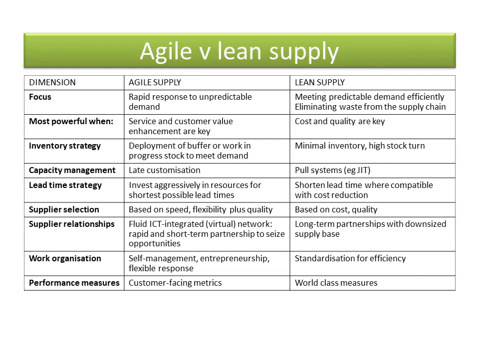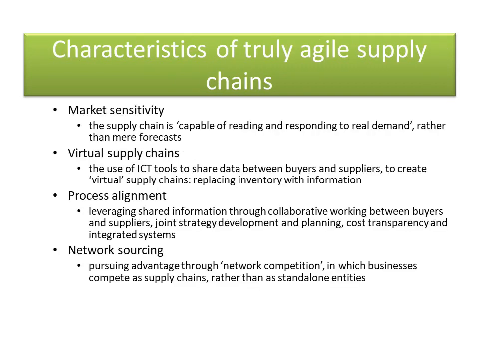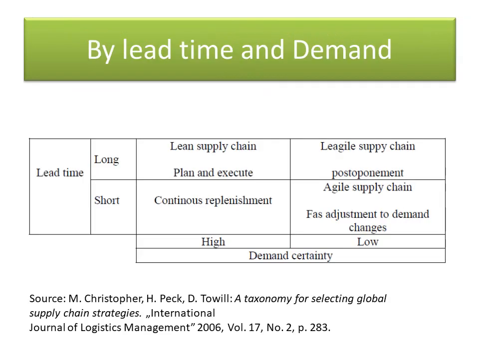So there's a difference there between agile and lean, and the famous chart that shows if the volume's stable, you might be able to have lean, where there's not a lot of variety and demand is predictable, but with high variety or variability we probably need an agile supply chain. So very, very important. For an agile supply chain you need those four features.